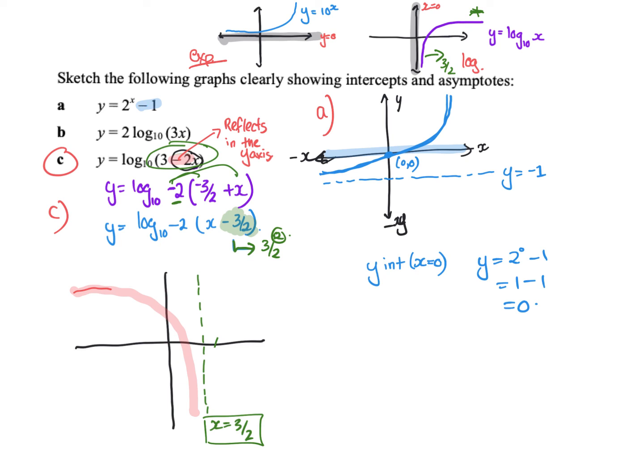So the y-intercept is when x equals 0. So if I go into that, log 10 of 3 minus 2 times 0. So you end up with log 10 of 3 minus 0, which is 3. Okay, so that's the y-intercept.